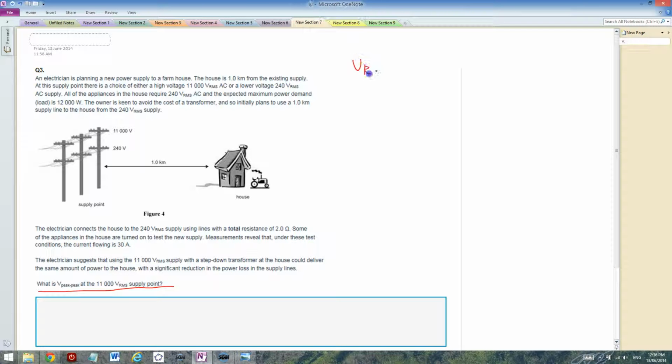Okay, so if the RMS voltage is 1100, I need to find the peak-to-peak voltage. So let's find the peak voltage first, which is the RMS times square root of 2.